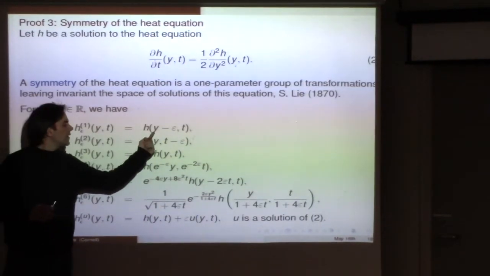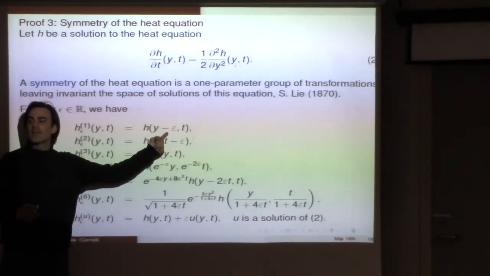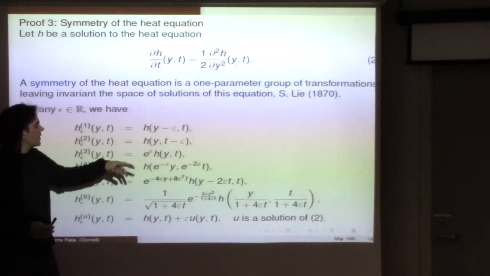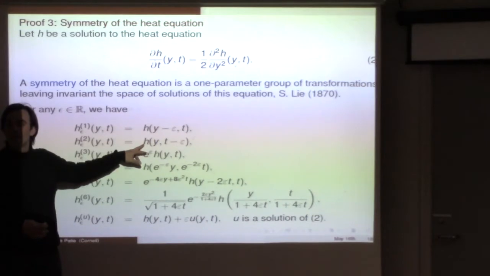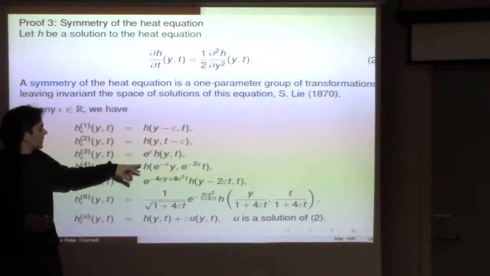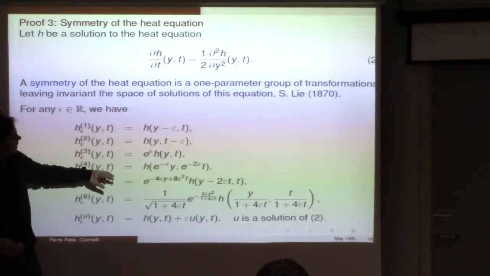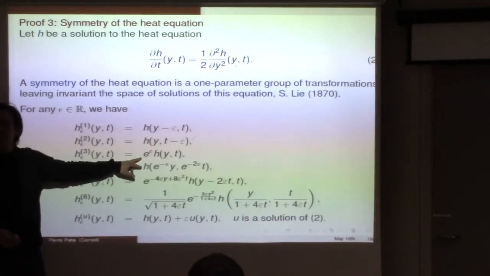What I'm doing here is just a shift in space, a translation. And we know that the law of Brown motion is invariant by translation. But by time translation, the law is also invariant. Then if you combine these two groups of transformations, you end up with the scaling property.